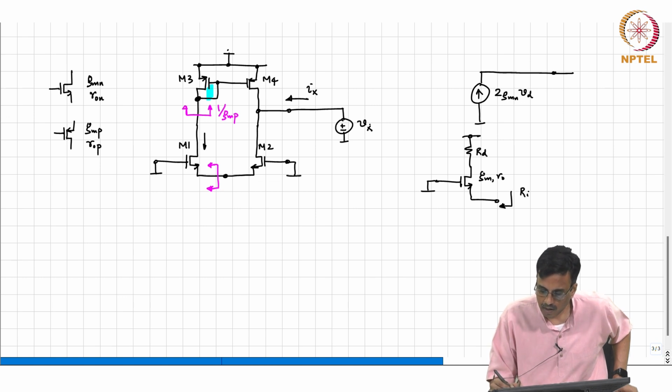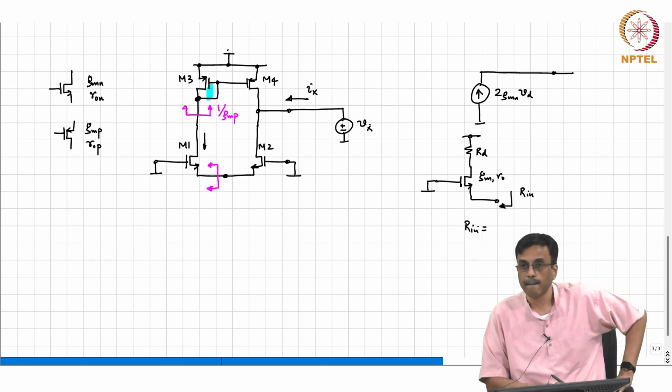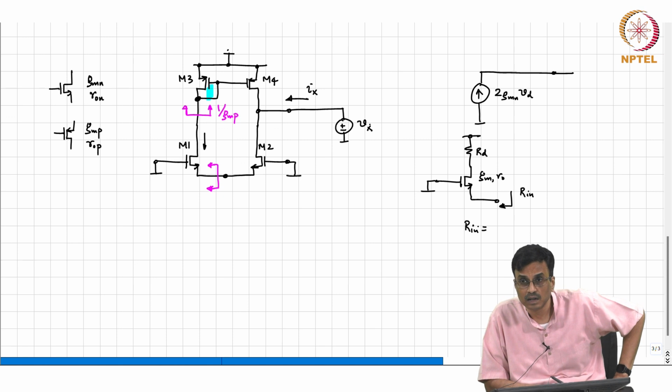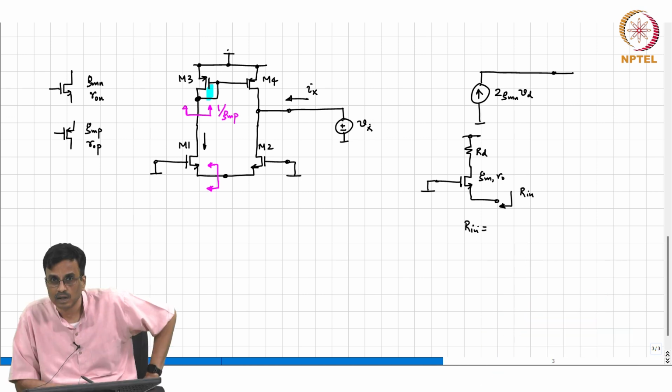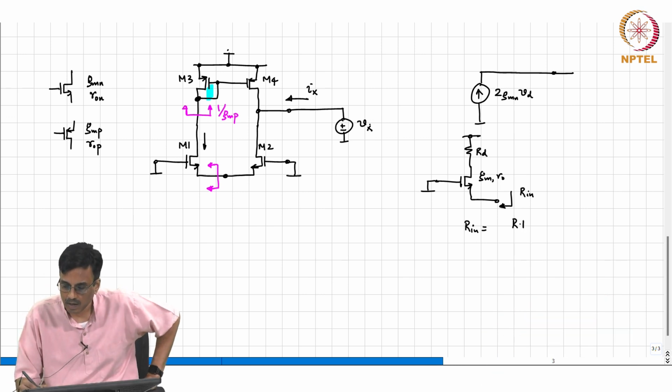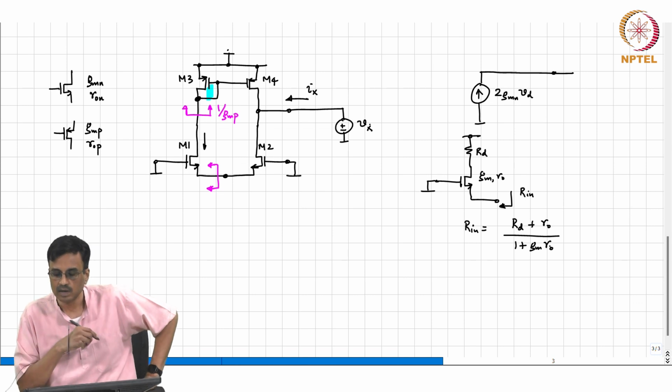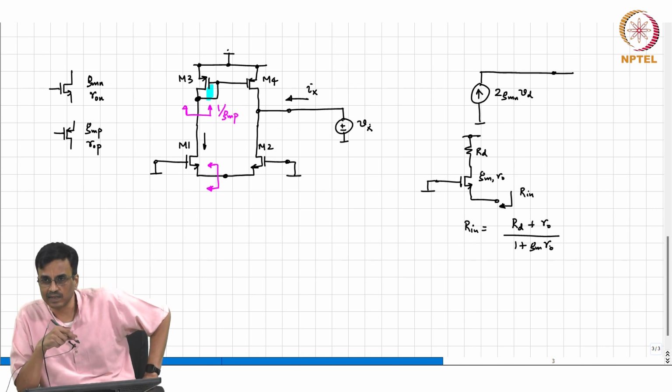What is Rin? RD plus R0 over 1 plus GM R0. This we did in class, right?